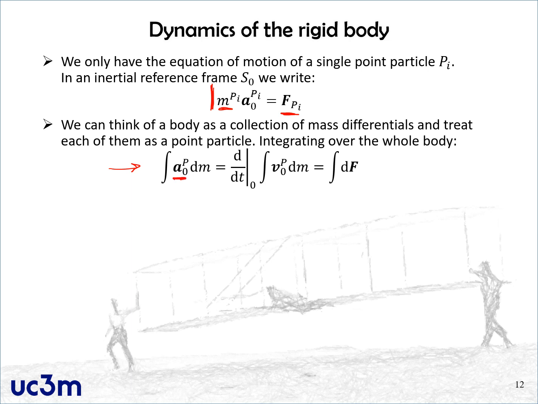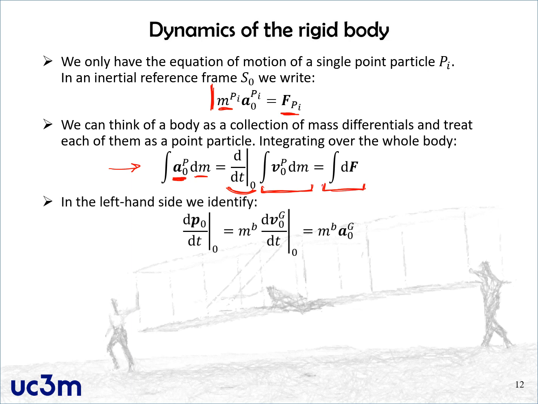Okay, so the left-hand side is that times the mass differential, and then we can rewrite that taking the derivative associated to the acceleration outside of the integral and keep the velocity times the differential of mass. All right. The right-hand side is just the integral of all the forces, the sum of all the forces acting on the body.